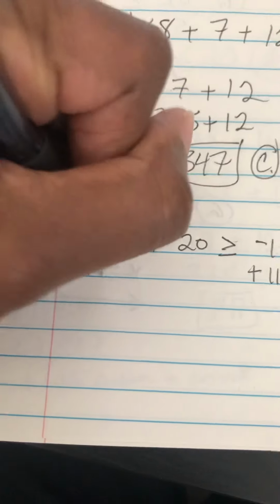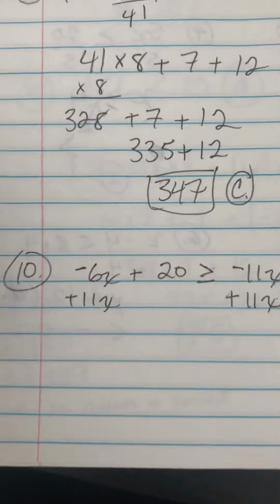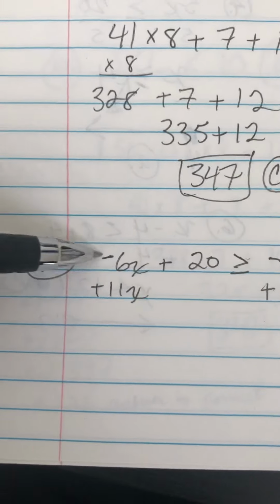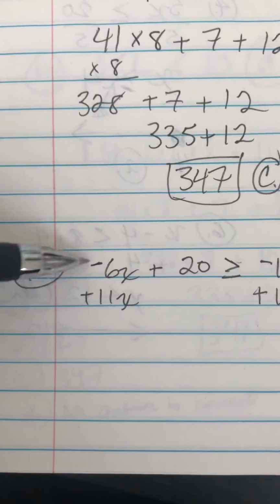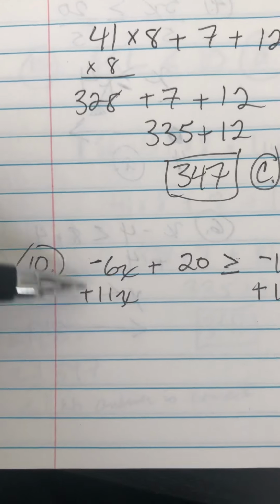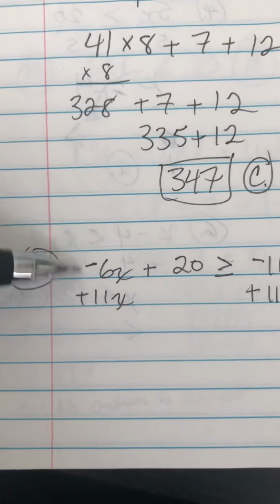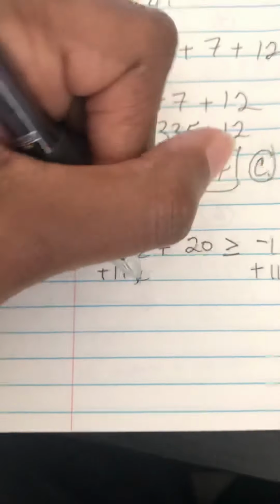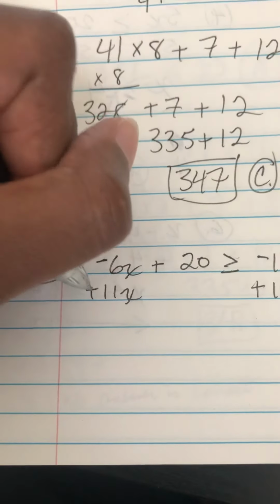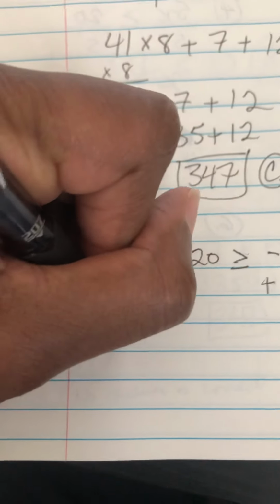So we're going to add 11x to both sides, right? And since we have our like terms, our signs are different. Remember what we do when our signs are different. Hopefully you're saying subtract, and keep the sign of the bigger number, which is 11. So that's going to be 5x plus 20 is greater than or equal to 0.